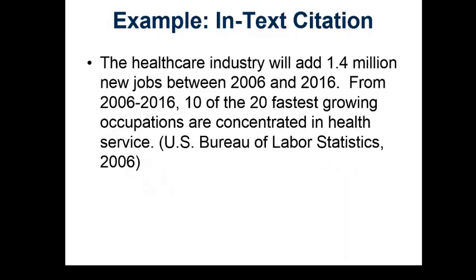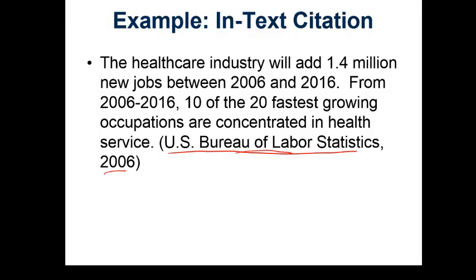Now, if there is no specific person as author, let's say that it's written by an organization like the U.S. Bureau of Labor Statistics, then you would include that in place of the author. And if there's a year, you would put the year it was published.